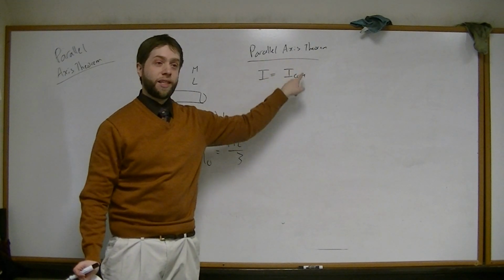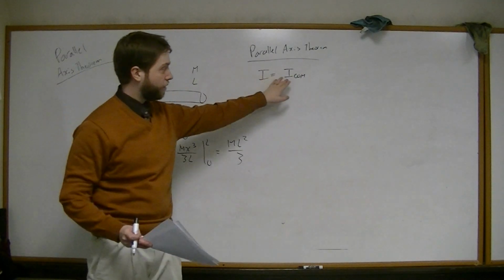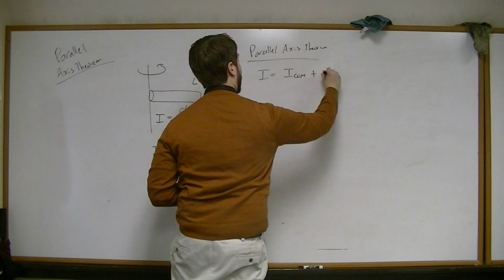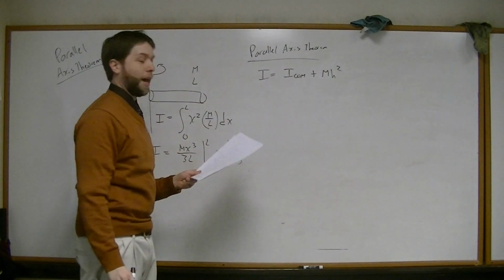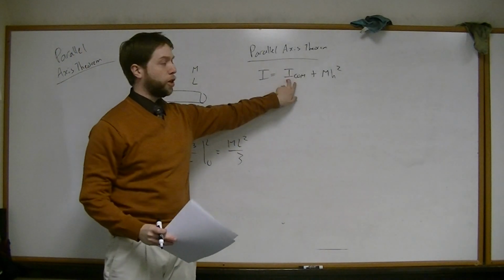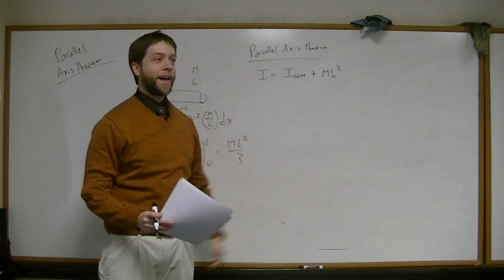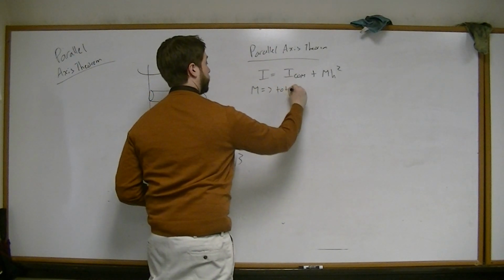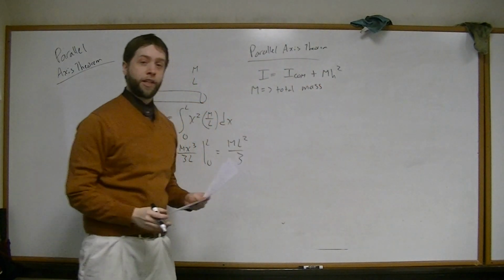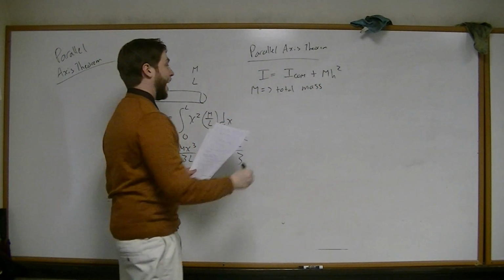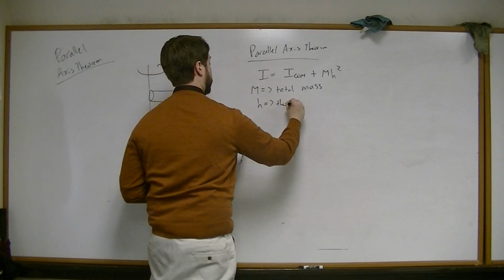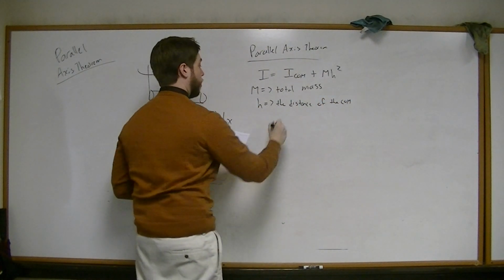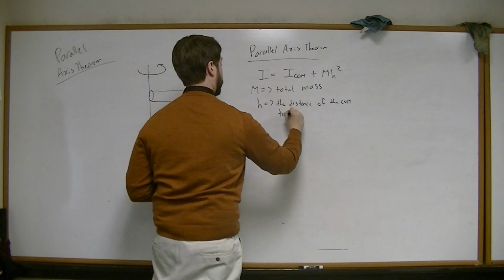So you take what's in the table, the I given by the center of mass, and you add to it mh squared. So take what's in the book, the geometry inside the book, and add mh squared. M stands for the total mass of the object, which you have to use anyway when you're calculating the original rotational inertia. And then h is the distance from the center of mass to the new axis.